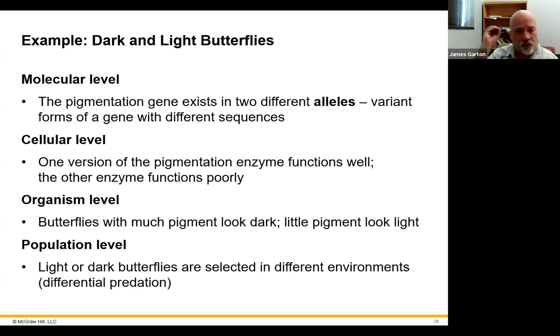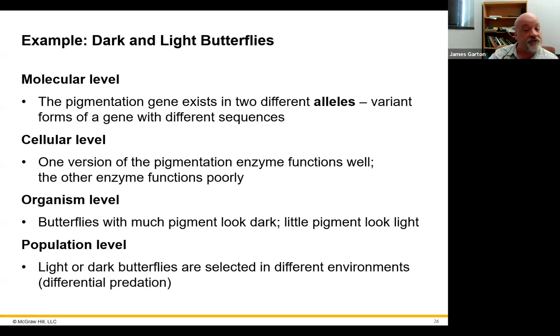And a lot of the pollution was coal dust. And that dark coal dust landed on the plants. And the dark butterflies blended in, but the light butterflies stood out. And so the frequency of light or dark butterflies changed in the population because one was easy to see and get preyed upon, and one was not.